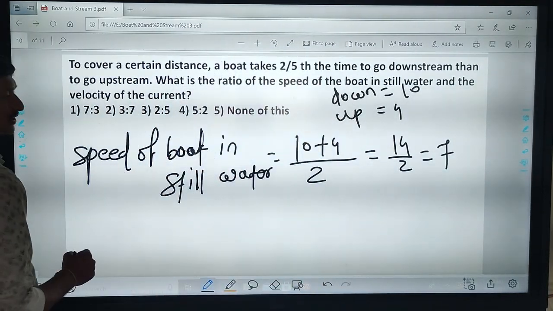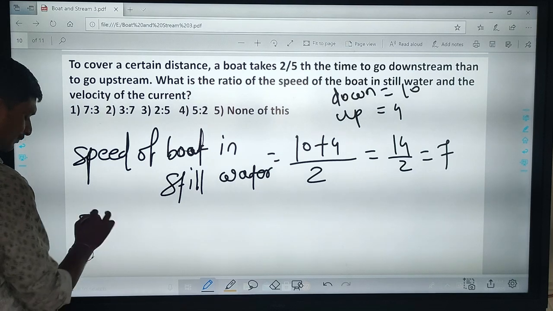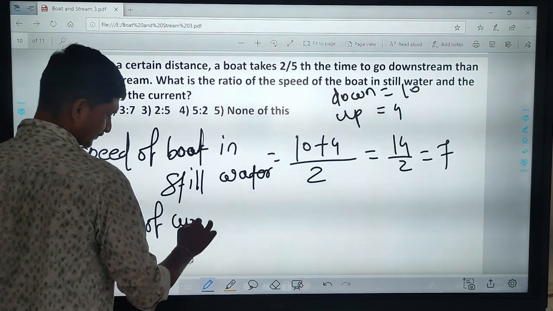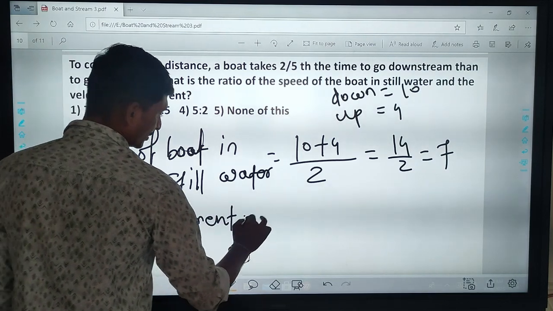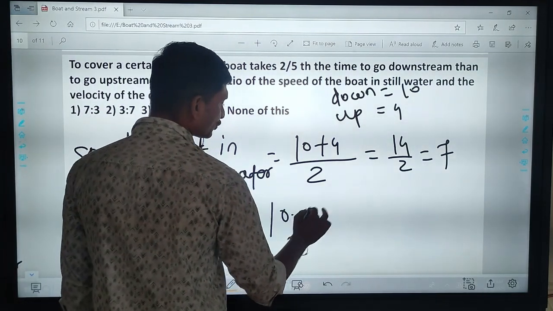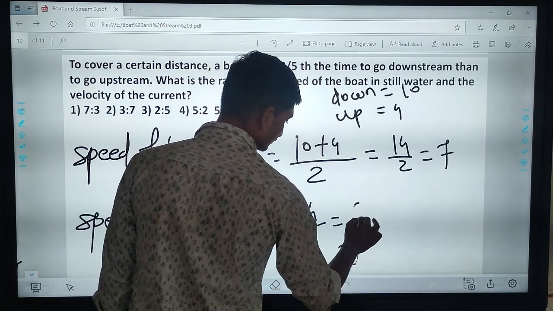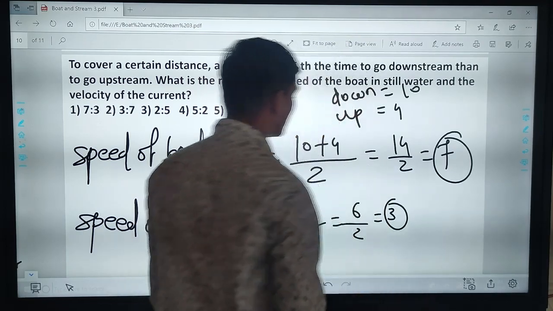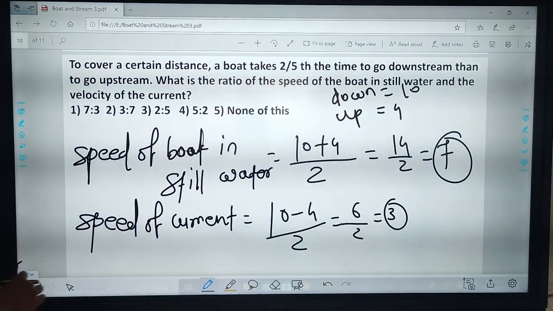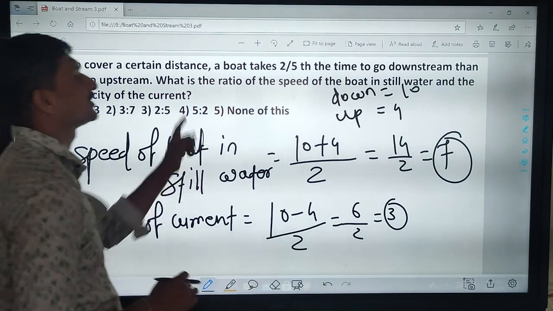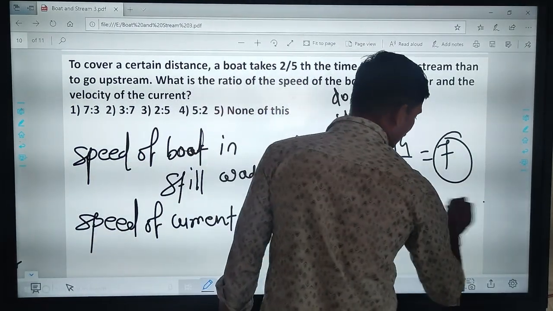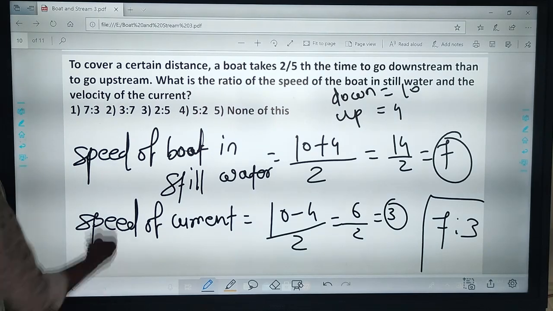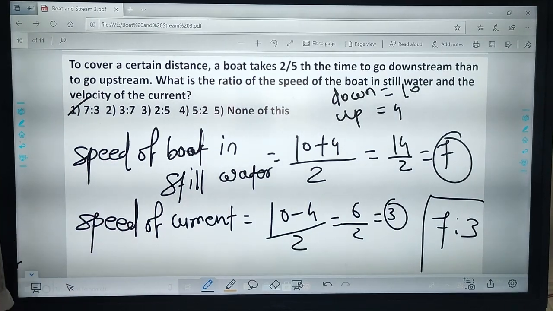And the speed of current is the subtraction of these two divided by 2, that is 3. Then the ratio is 7:3. Speed of the boat in still water is 7 and speed of current is 3. Your answer is 7:3.